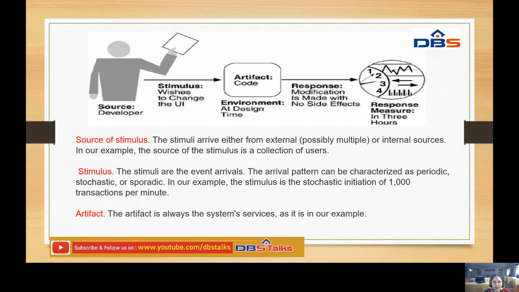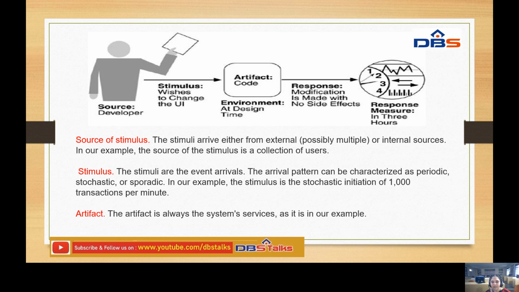Now the source of stimulus. The stimulus arrives either from external or internal sources. In our example, the source of stimulus is a collection of users. The stimulus is the event arrivals, the events I already described.